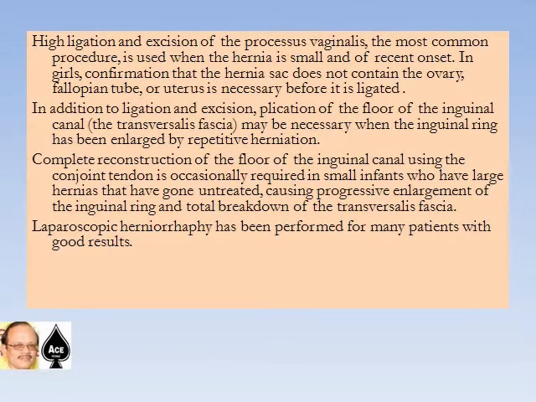Then complete reconstruction of the floor of the inguinal canal using the conjoined tendon is occasionally required in small infants who have large hernias that have gone untreated, causing progressive enlargement of the inguinal ring and total breakdown of the transversalis fascia.